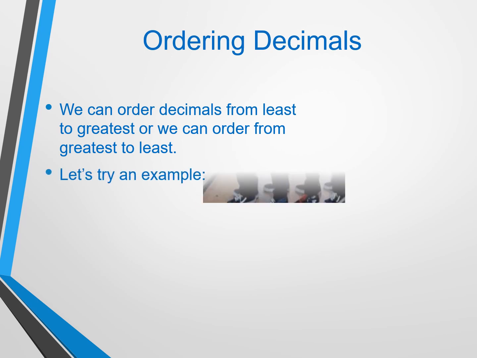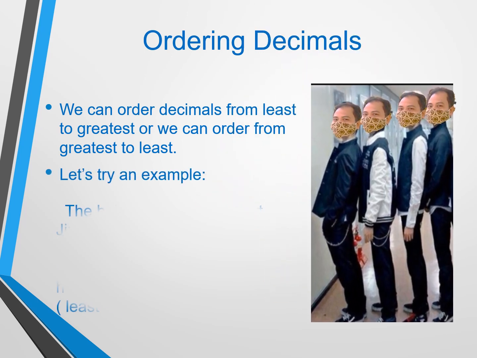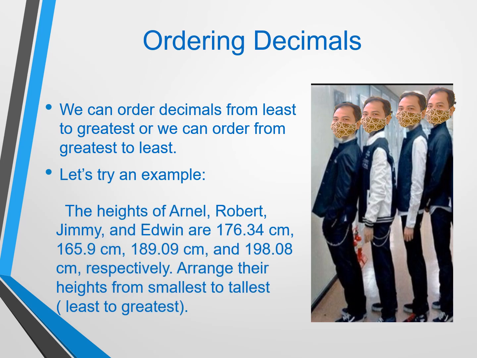Let's try an example. The heights of Arnell, Robert, Jimmy, and Edwin are 176.34 centimeters, 165.9 centimeters, 189.900 centimeters, and 198.800 centimeters respectively. Arrange their heights from smallest to tallest, or from least to greatest.